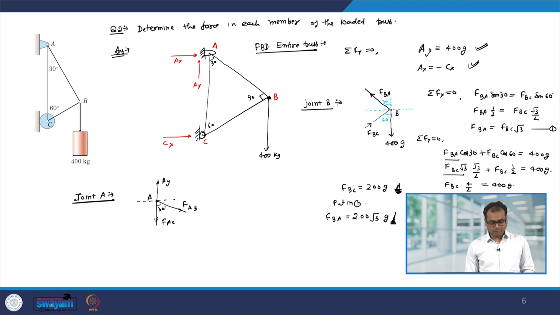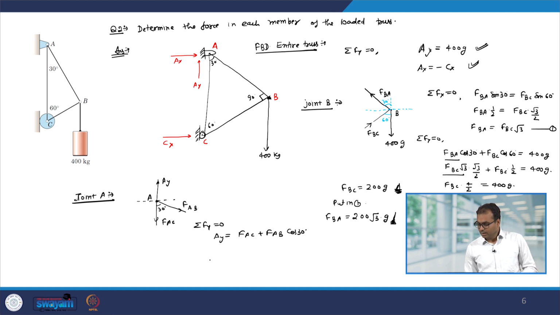Now, let us use the force balance along the y direction. So, summation Fy equal to 0. So, we get Ay equal to FAC plus FAB cos 30 degree.